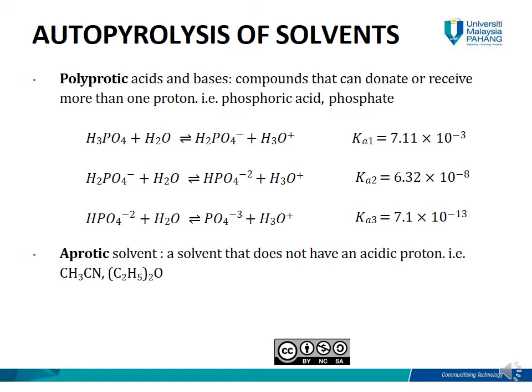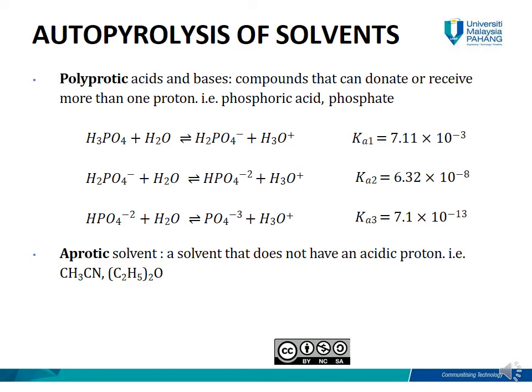For HPO4 2 minus mixed with water, it will produce the phosphate ion, and thus it has a very small acid dissociation value, about 7.1 times 10 to the power of minus 13. So a polyprotic acid has more than one acid dissociation value because it contains more than one proton.